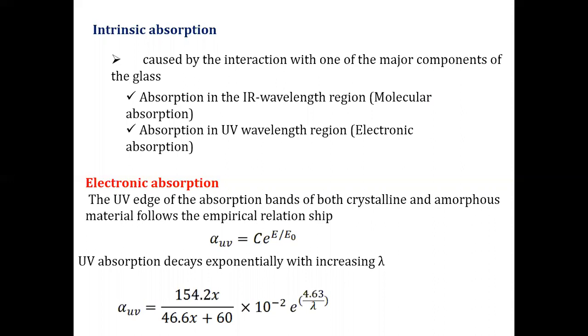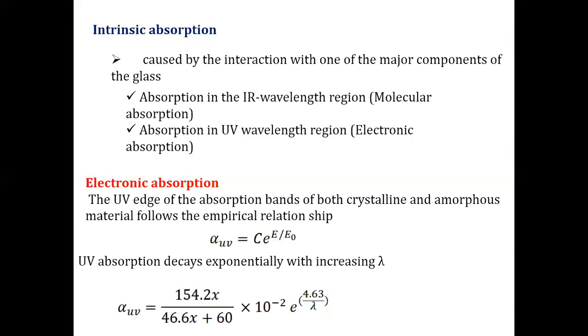The electronic absorptions are associated with the band gaps of amorphous glass materials. The absorption occurs when a photon interacts with an electron in the valence band and excites it to a higher energy level. The UV absorption decays exponentially with increasing wavelength.